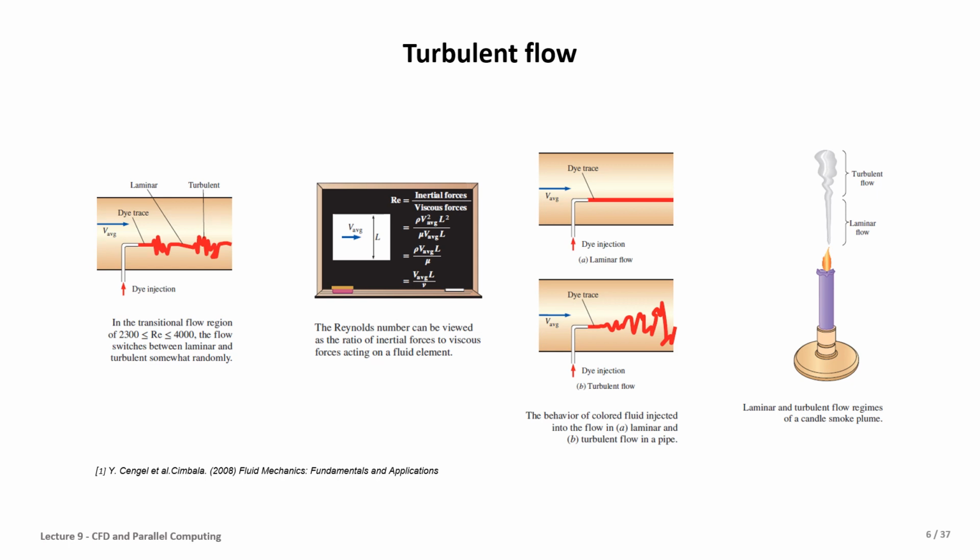As well, on the left-hand side, we have another figure which presents an area we call the transitional flow region. In the flow in a circular pipe, we can specify the Reynolds number: when it's larger than 2300, it's entering this transitional area, and when it goes above 4000, it will be turbulent.